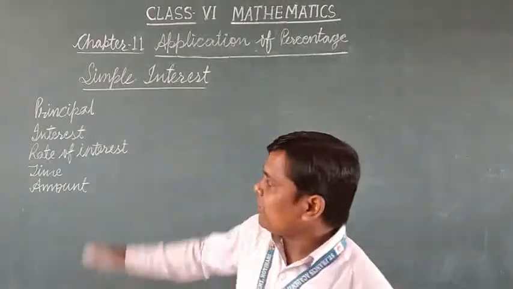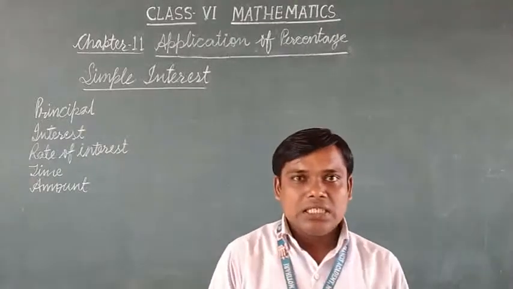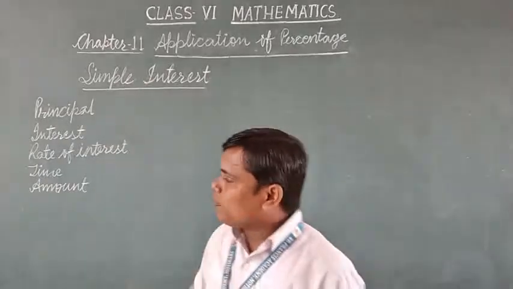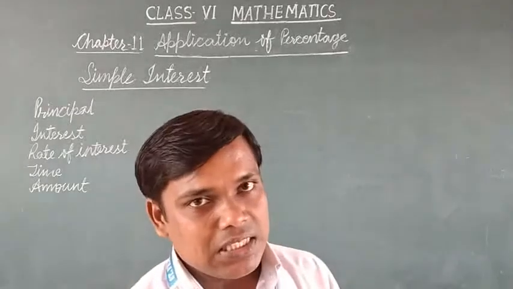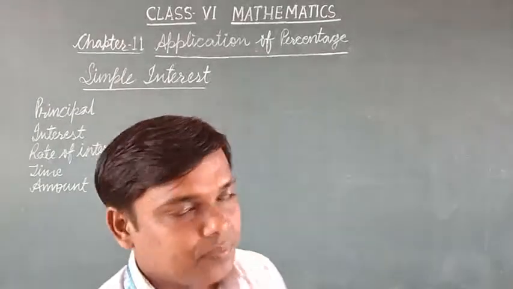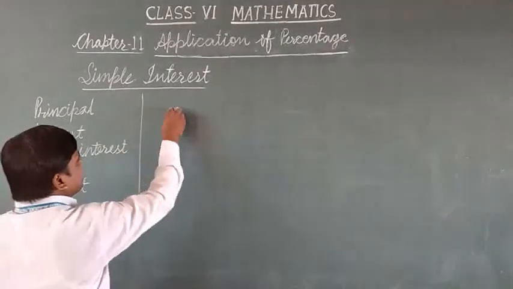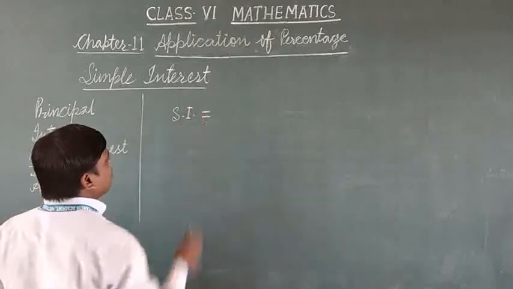Now, we have relationships between these terms, and using these relationships, we can calculate any of them. And what are these relationships? Let us learn. We calculate simple interest, that is SI, using a formula.